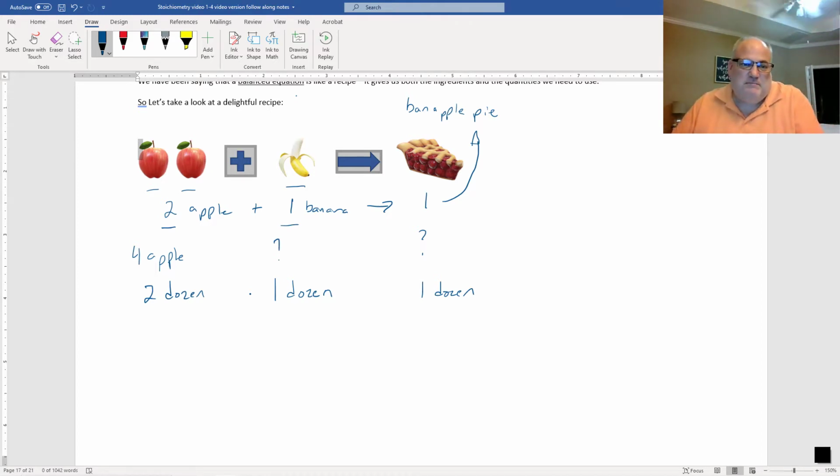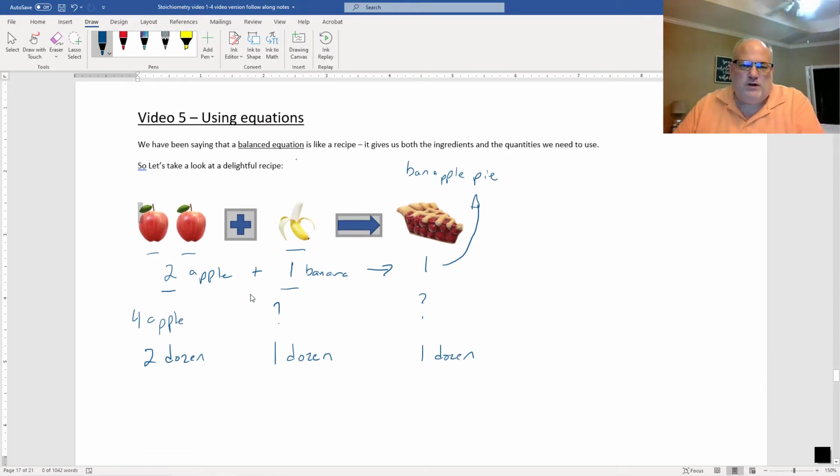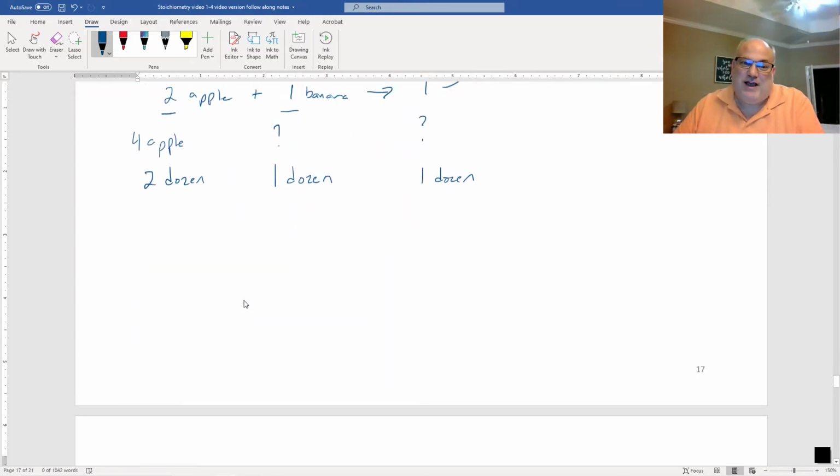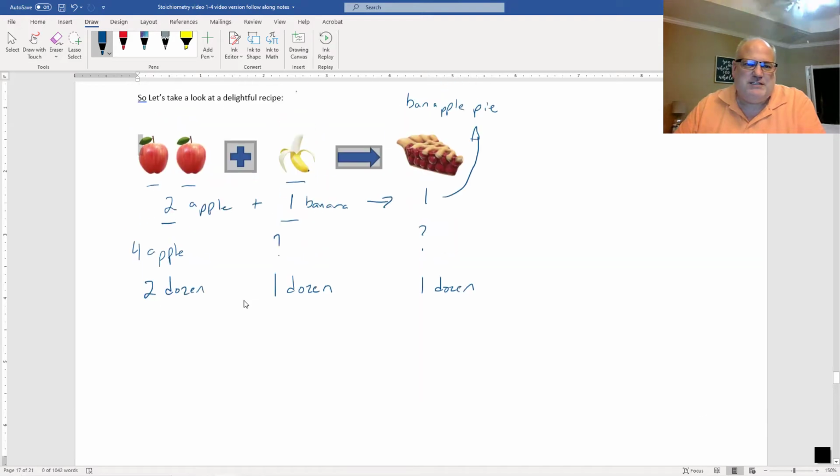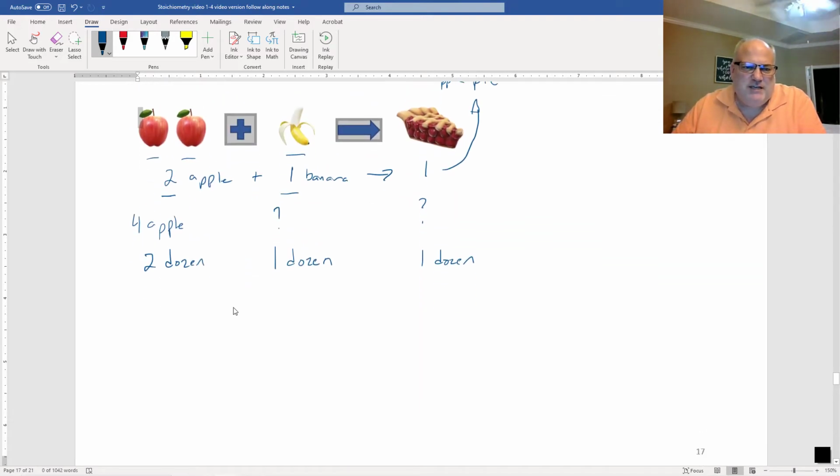I mean, it makes sense, right? So the ratio 2 to 1 to 1 works with all kinds of things. In fact, and you probably see where I'm going with this, couldn't I also say, for every 2 moles of apples, I need 1 mole of banana, and I'll get 1 mole of banapple?